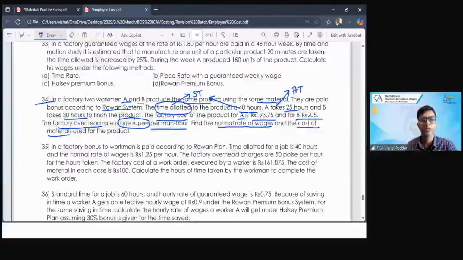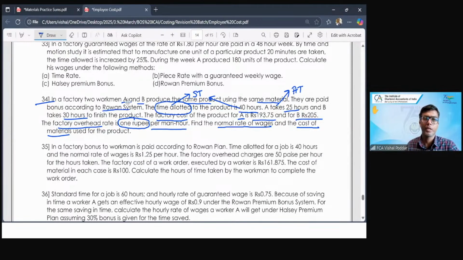In the previous question, they had given material cost and wage rate, and we made a cost sheet to find the factory cost. Here we have to go ulta. Here factory cost is given and we have to go back and find out the wage rate and the material cost. Understand, students?